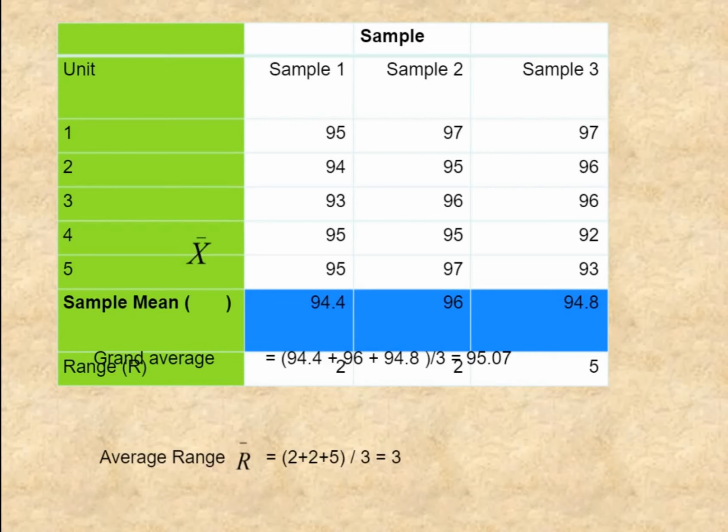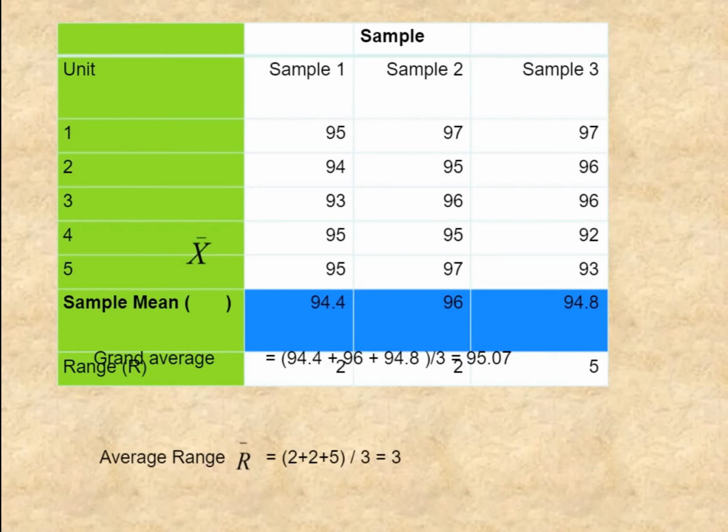The other one we calculate is the sample range. Sample range equals the maximum number in the sample minus the minimum number in that sample. So the maximum here is 95, the minimum here is 93, so 95 minus 93 equals 2.